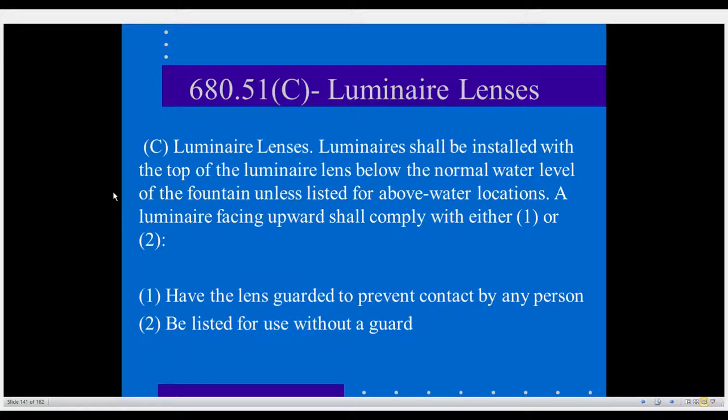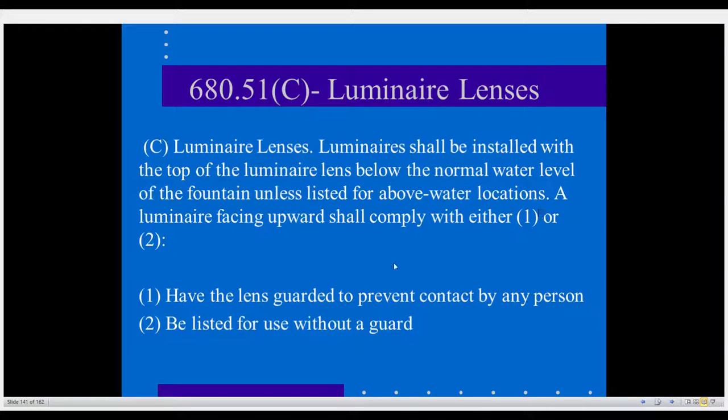Luminaire lenses, 680.51. So you have these luminaires. If they're installed in these fountains, then you're going to have these luminaire lens requirements here. It says luminaires shall be installed with the top of the luminaire lens below the normal water level of the fountain unless it's listed for above the water location. Then it says a luminaire facing upwards shall comply with either 1 or 2.